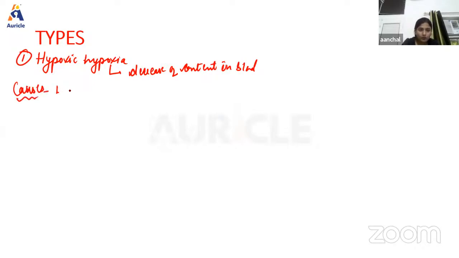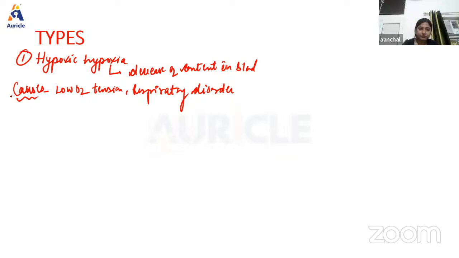Hypoxic hypoxia occurs due to decreased oxygen content in blood, right? And talking about its causes, various causes are there, like low oxygen tension, then respiratory disorders that are associated with decreased pulmonary ventilation, which does not allow intake of enough oxygen.